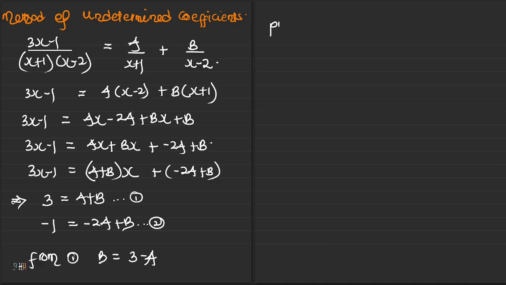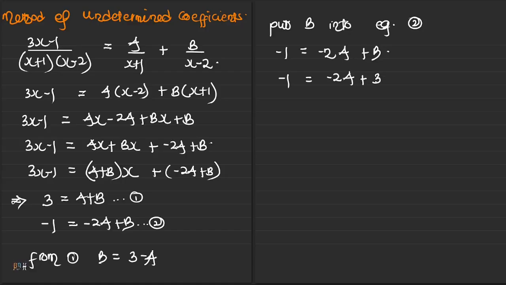So you say put b into equation what? 2. And that is to say, for equation 2, instead of negative 1 equals negative 2a plus b, then we are going to get negative 1 equals negative 2a. Instead of the b, we have what?